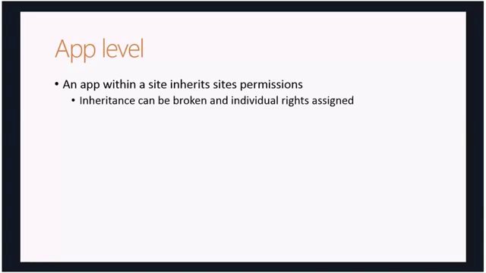Okay. Now, once you've done the site, you can also go in and set it at the app level. So you can set it at the individual document library. Maybe a site is set so everybody can access it, but you want a document library within that site to have unique permissions. It will by default inherit things, but you can go in and break these and change these after the fact to configure them the way that you want.